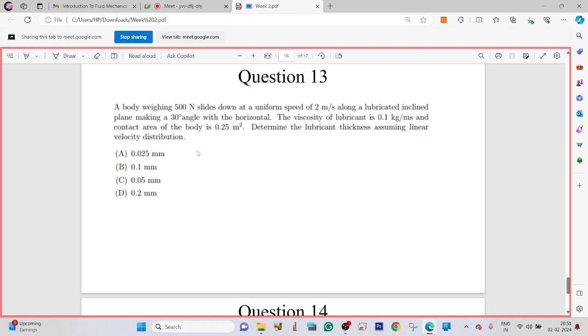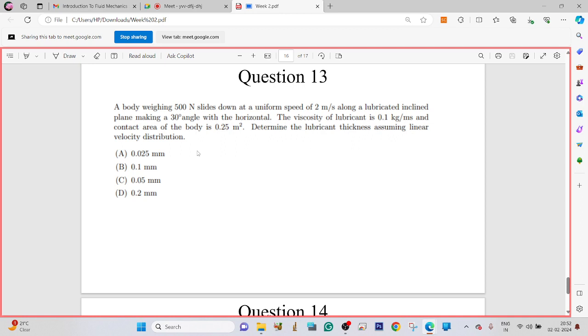This is the angle that the surface makes with the horizontal, and this is the body that is sliding down. This is the lubricant, in between the body and that surface. So the thickness of this layer we need to find out. It is falling down at 2 meter per second. It has a weight of 500 Newton.